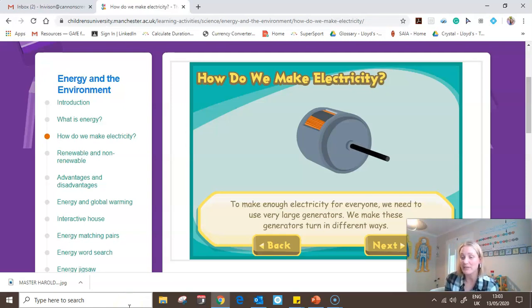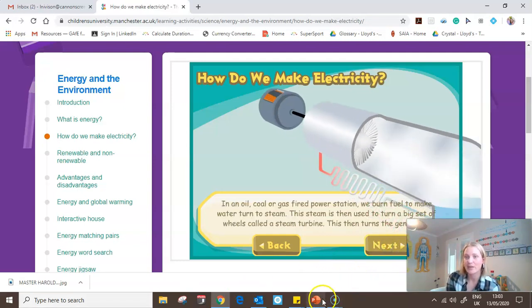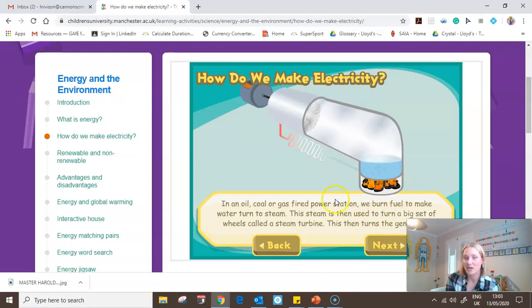So to make enough electricity for everyone, we have to use very large generators, and we make these generators turn in different ways. Here is an example of oil, coal or gas powered stations. This is what is most prevalent in making our electricity in South Africa.